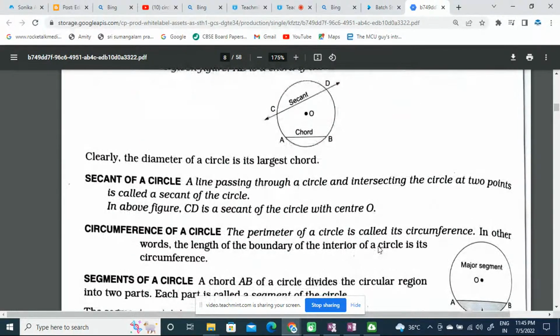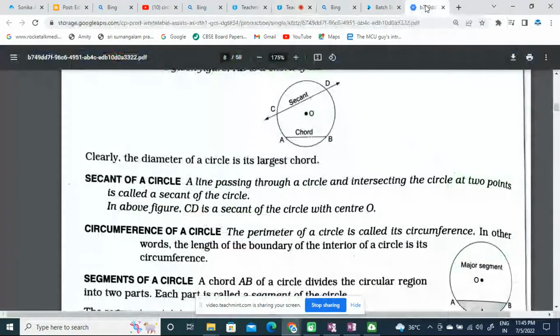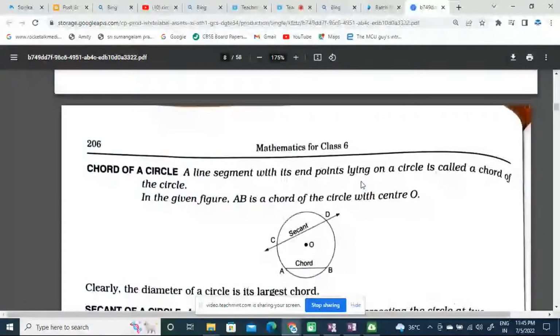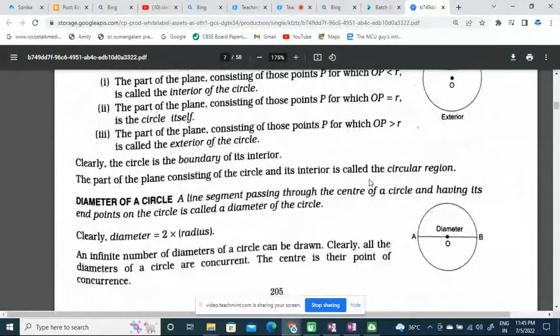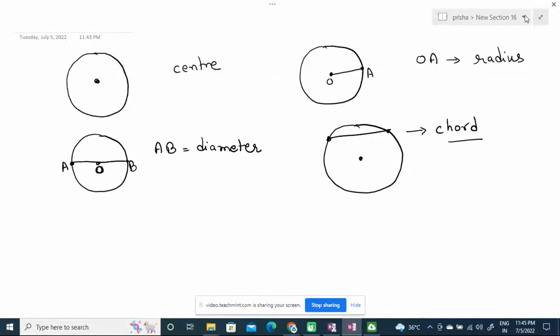Clear? Understood or not? Hello? So now from here, what are the different definitions of the diameter of the circle, radius of the circle? I'm going to share with you one by one.